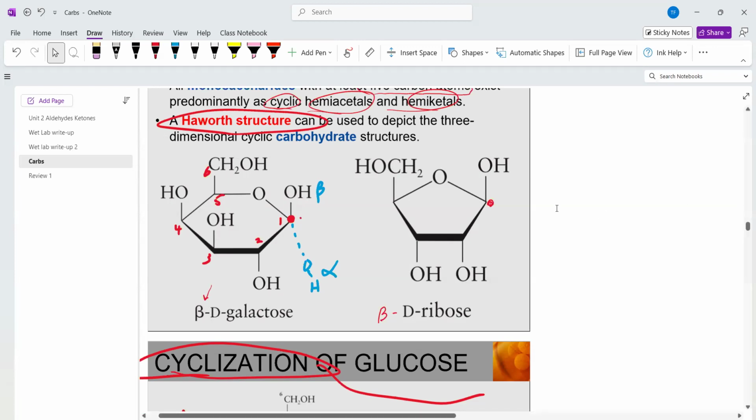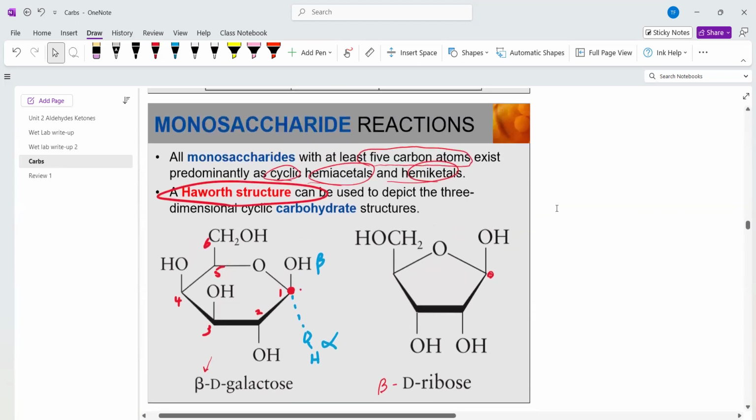Okay, so I want to pick up from Monday right here. So, let's simplify this. Okay, so these are very common monosaccharides.